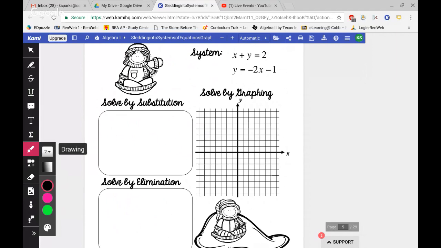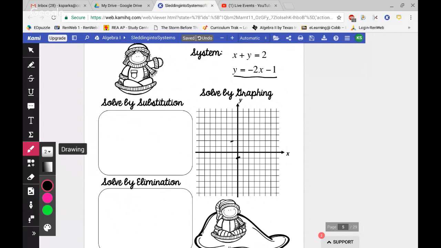Okay. So this one's already in slope intercept form, so I'm going to go ahead and graph it by default. What's my y-intercept? Negative 1. Yes, ma'am. Good job. What's my slope? Negative 2x. Yes. Since it's negative, I have to move one direction positive and one direction negative. So if I go up 2, I need to go left 1.